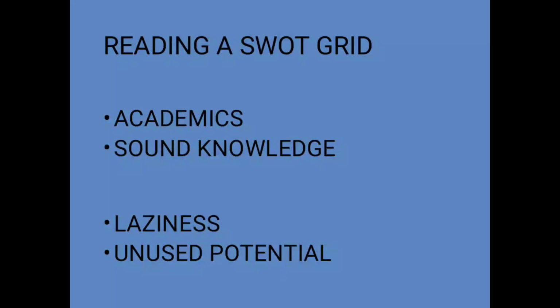Let us now figure out what is a SWOT grid. There are 4 areas in this grid. The first 2, as we have said, are personal areas of the candidate. Maybe the company is looking for a chartered accountant and his academics is excellent.